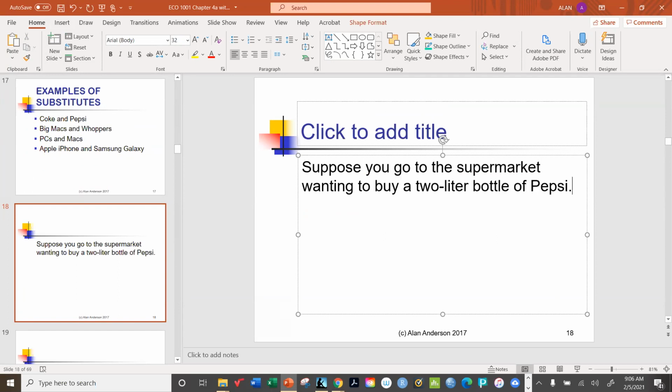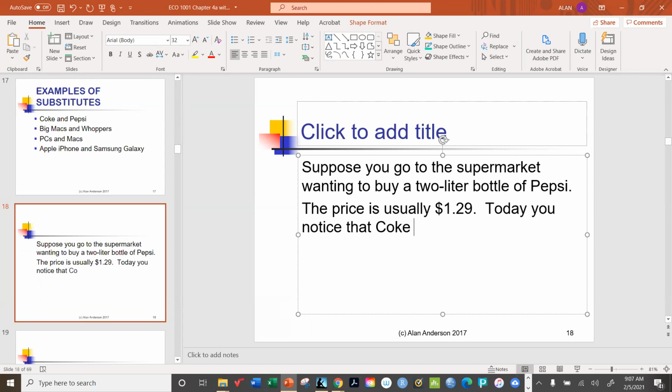Now, you know perfectly well, when you walk down these aisles, they're all the same price. Maybe one of them is on sale, but pretty much they're all the same price. Let's say the standard price in Stop and Shop is $1.29. Okay, today you notice that Coke is on sale for 99 cents.